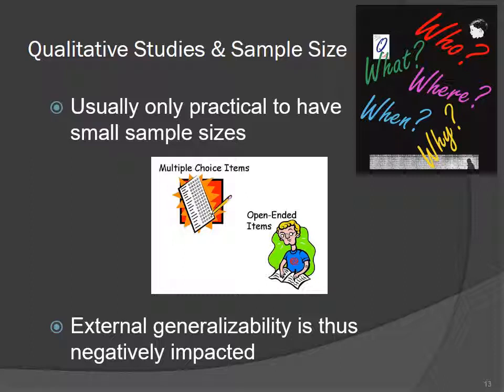If I only talk to 5 different managers, I'm not sure how applicable that might be to many other situations. But I'm pretty confident that I've gathered rich data about those 5 types or 5 similar organizations. So your internal validity is high, your external validity not as high. This is open-ended items as opposed to multiple choice items.